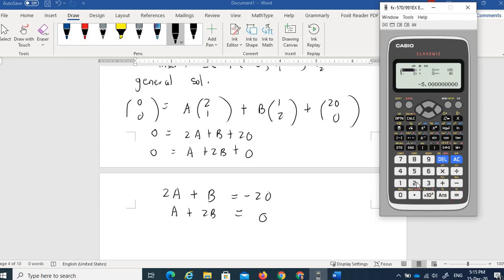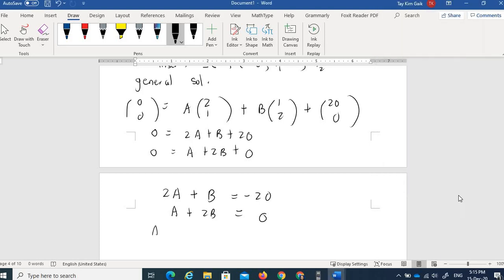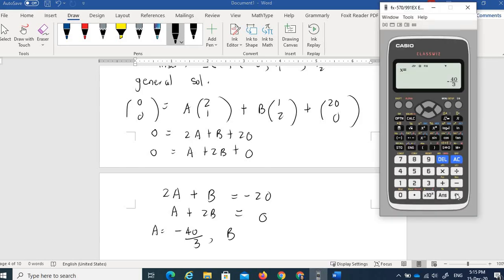Now it is 2, 1, negative 20, 1, 2, 0. So you get a, which is the x, is negative 40 over 3, and b, which is the y, is 20 over 3.